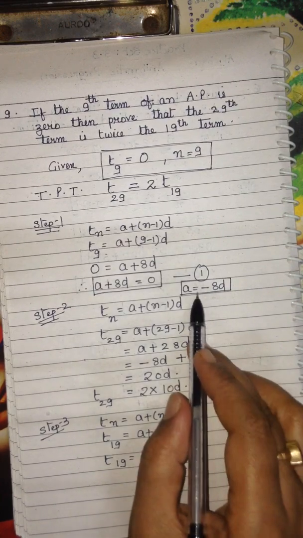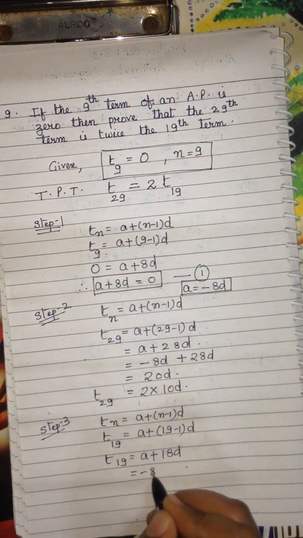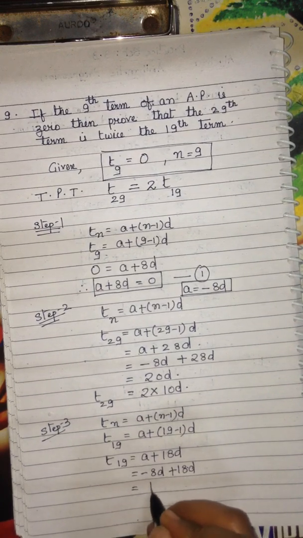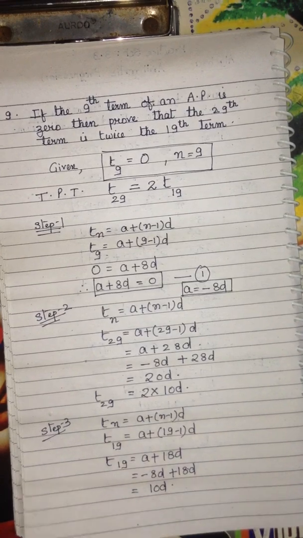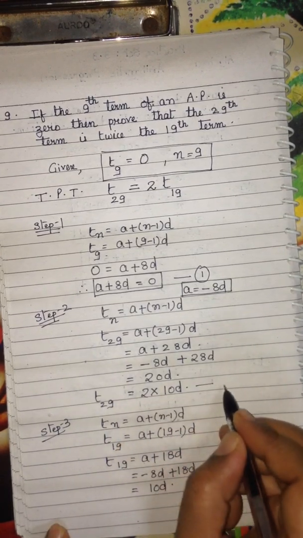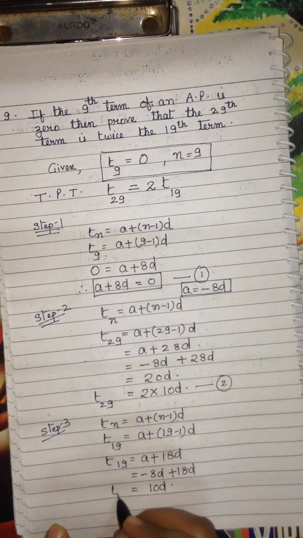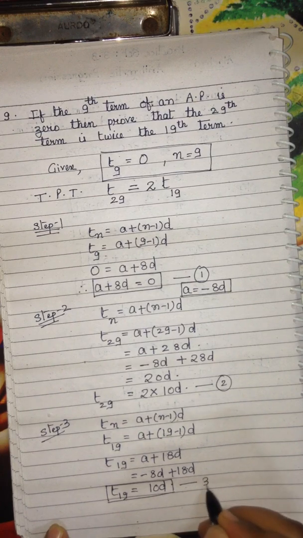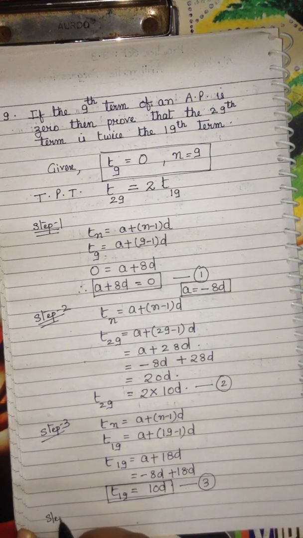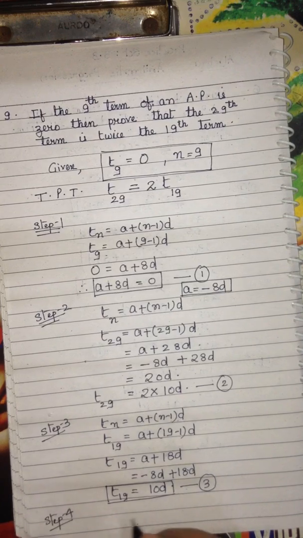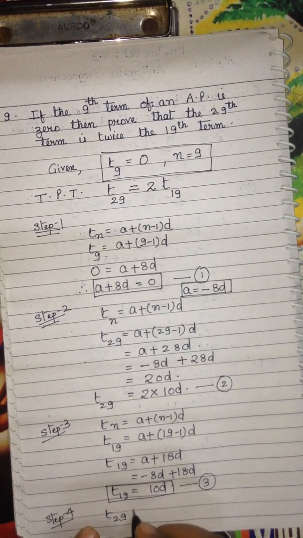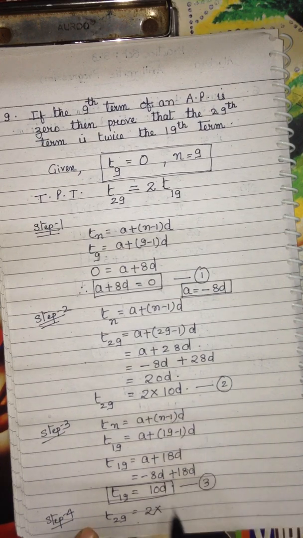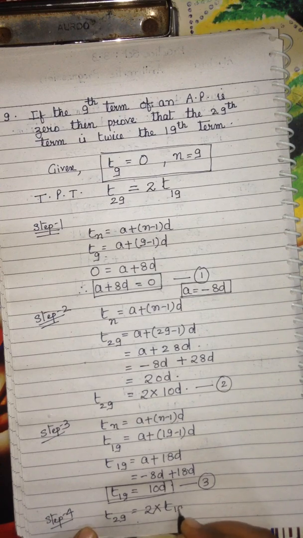In the similar manner, in place of A put minus 8D plus 18D, that gives us 10D. Now children, in equation 2, substitute equation 3, the value you got. So step 4: T29 is equal to 2 multiplied by, in place of 10D you can write T19.